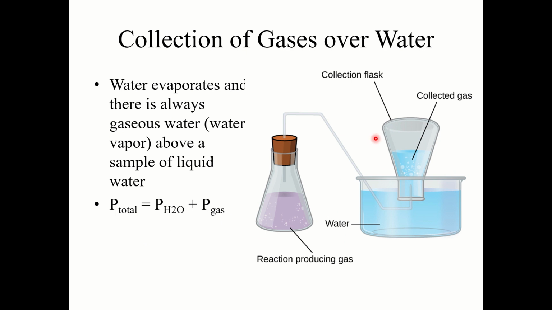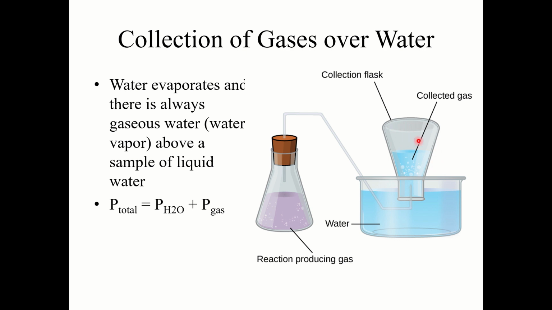The other thing I want to mention here is that while the vast majority of the gas in this collection flask is the gas that we're collecting, and we're going to be collecting hydrogen gas in our lab, there is a little bit of water vapor. The reason for that is liquid water, at all temperatures, is always evaporating. Now it evaporates more the closer to the boiling point you get, but even at room temperature, some water evaporates.